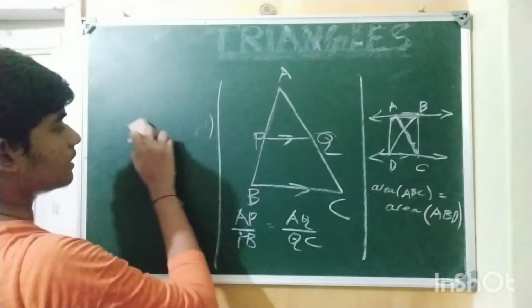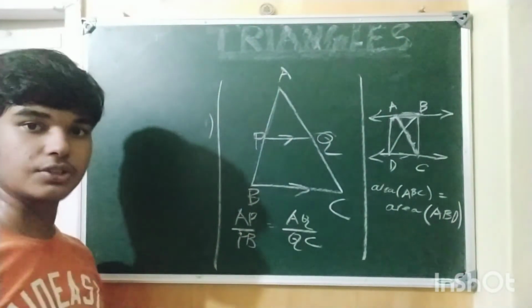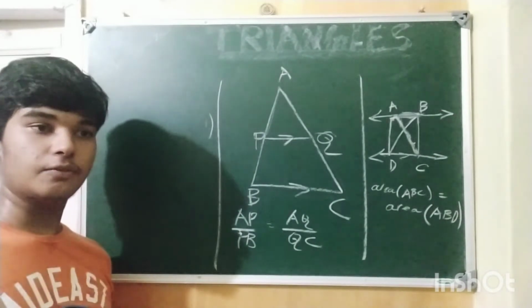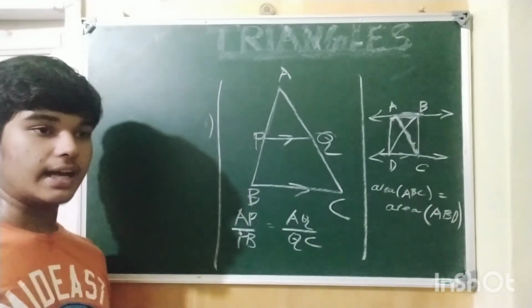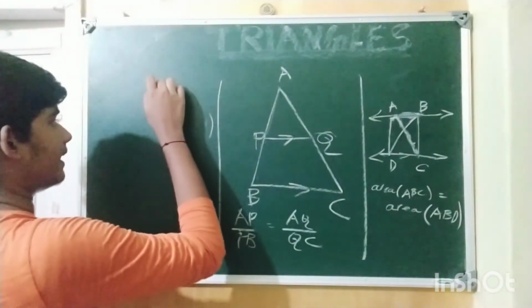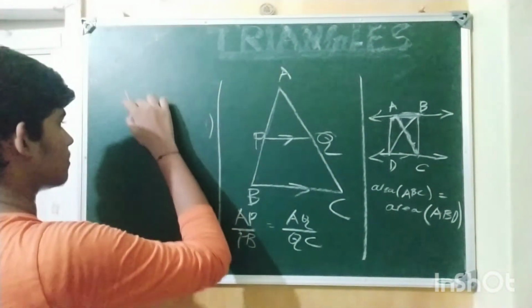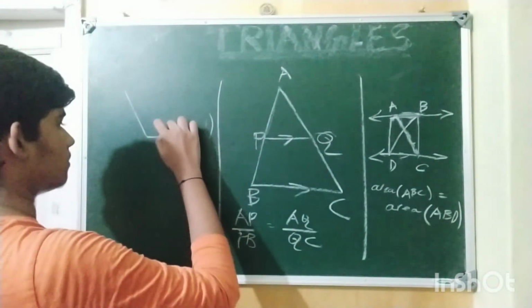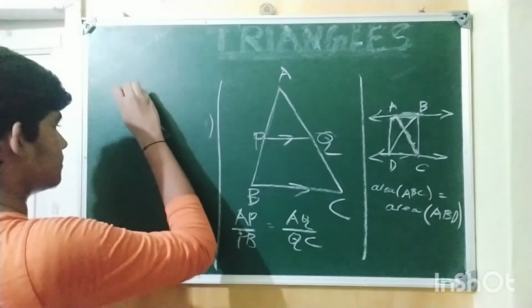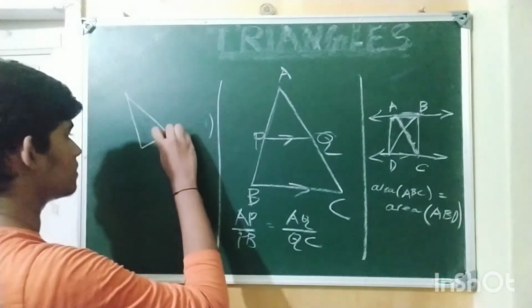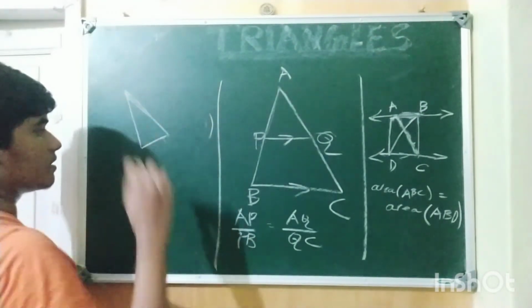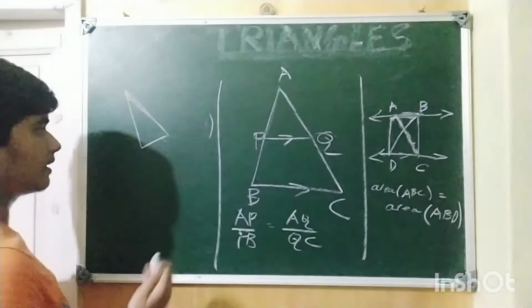Now for an obtuse triangle it is different. Like we talked about in our previous episode, an obtuse triangle is a triangle where one of the angles is above 90 degrees and below 180 degrees. So let me draw a triangle that way. Let's say this is an obtuse triangle.